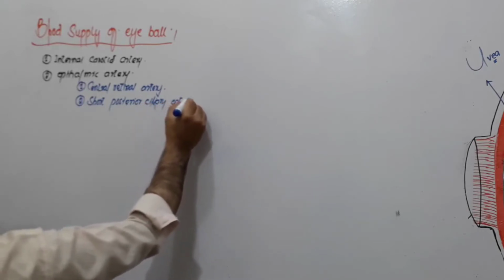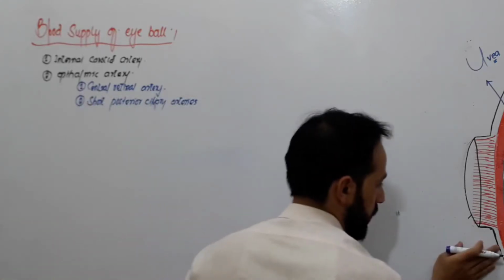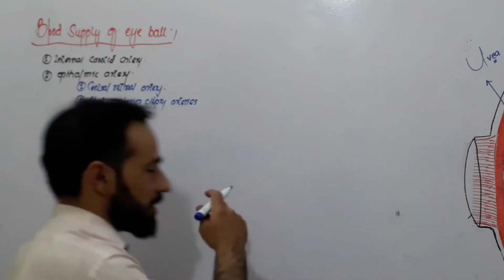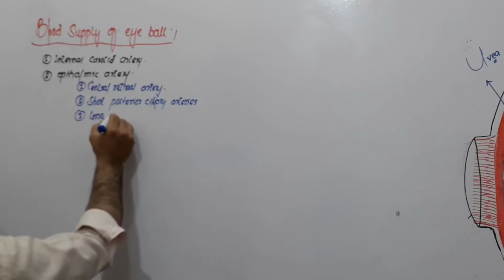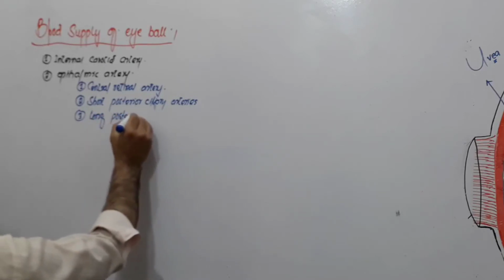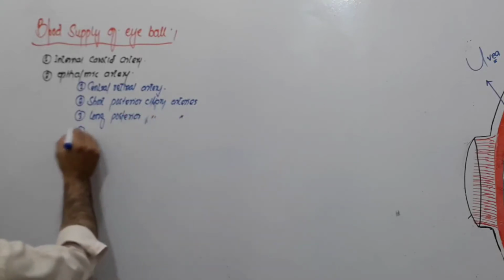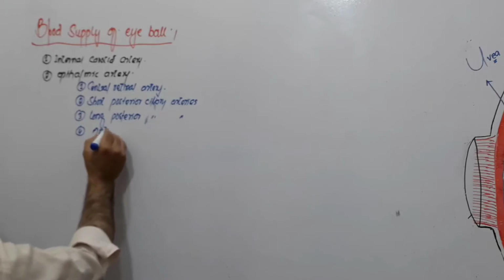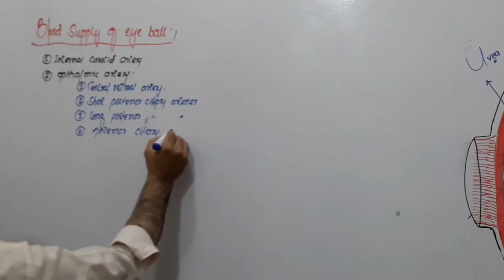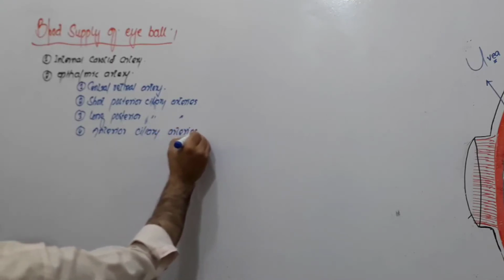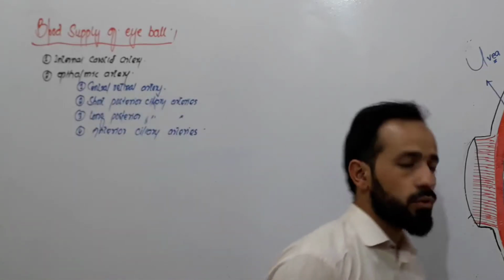There are many, as I have discussed in previous lectures when we discussed which structures pass through the sclera. And then there are long posterior ciliary arteries, and number 4, anterior ciliary arteries. So these are the arteries which supply oxygenated blood to the eyeball.